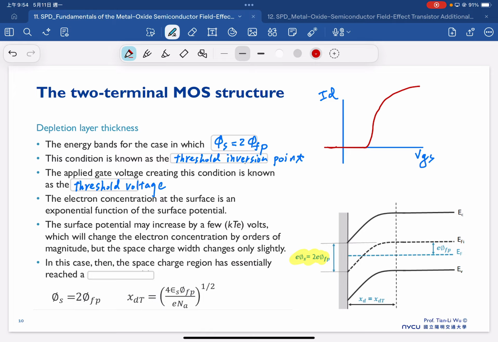And this condition is exactly what we call the threshold voltage, VTH.